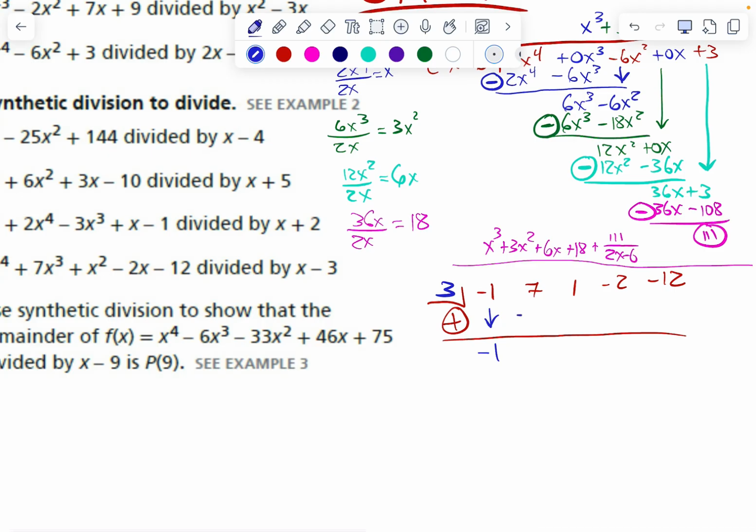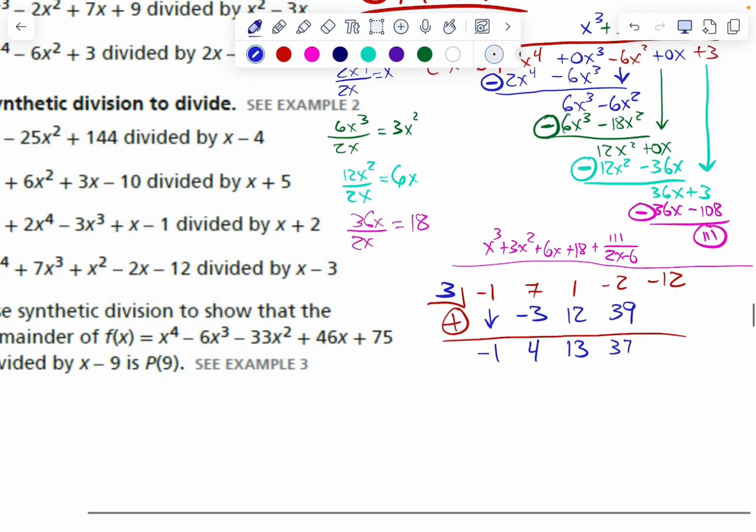So 3 times -1 is -3, and then we add 7 plus -3 is 4. And then we get 12, 13, 3 times 13 is 39. Add, we get 37.